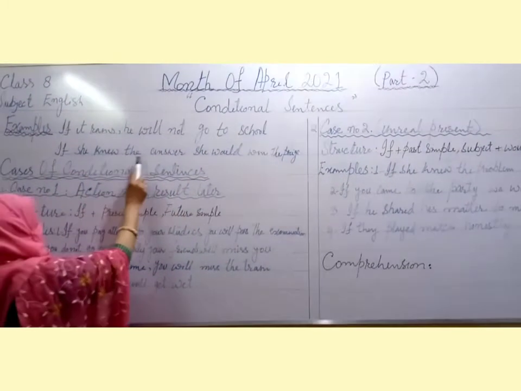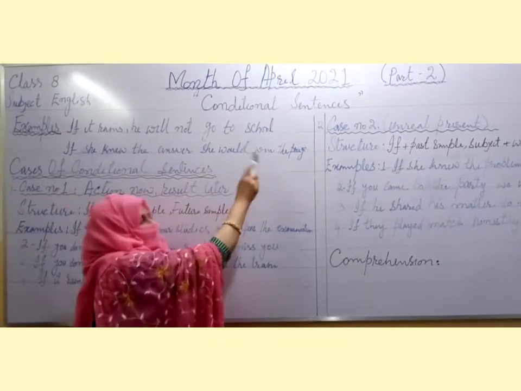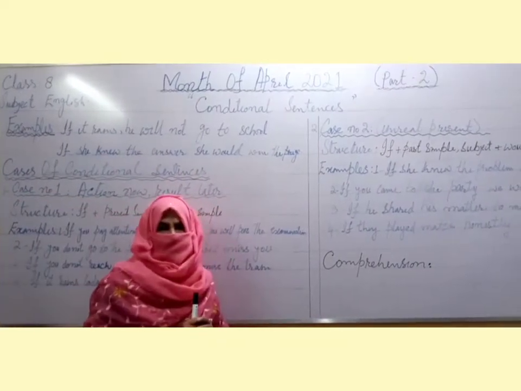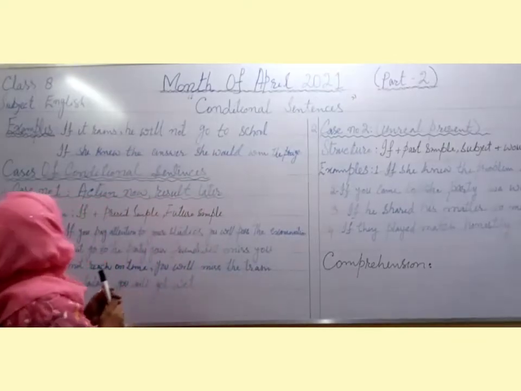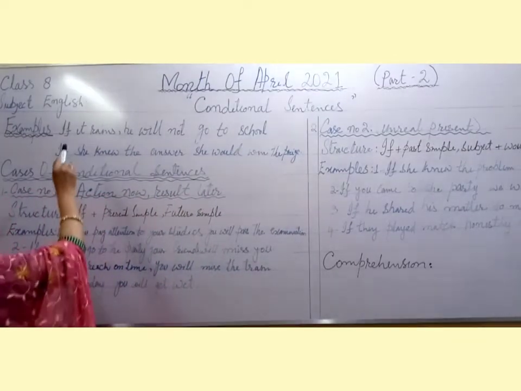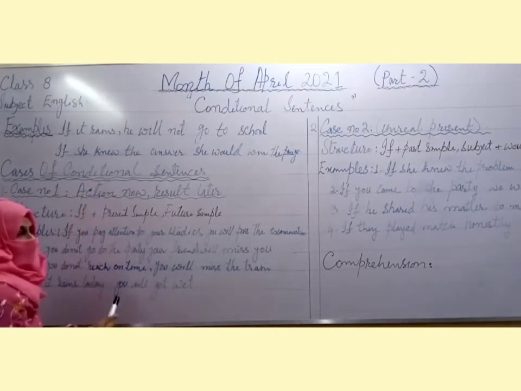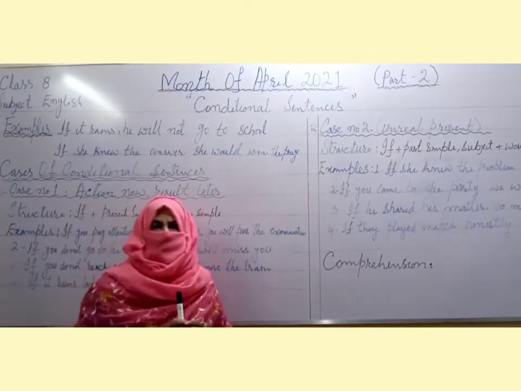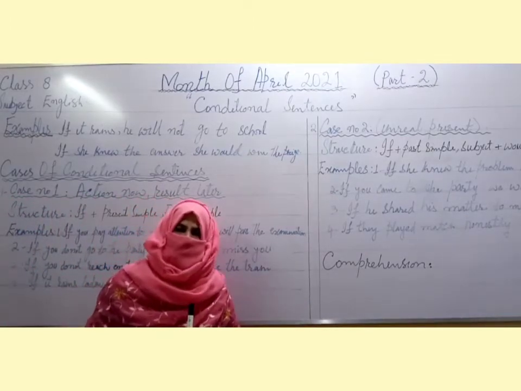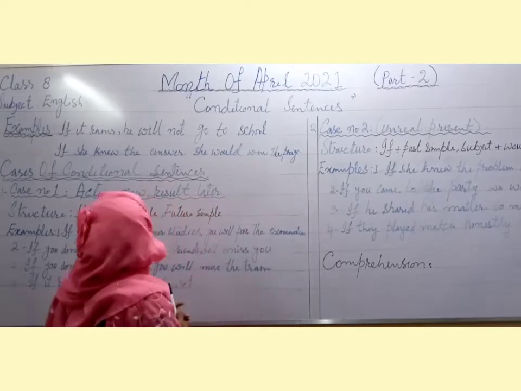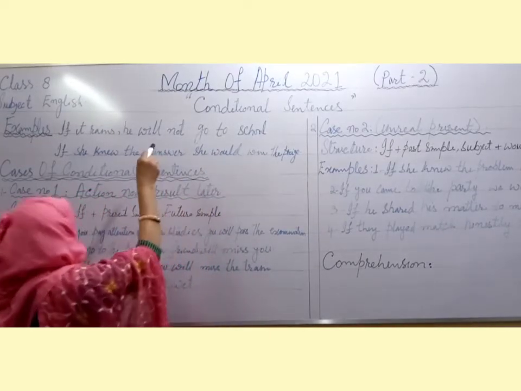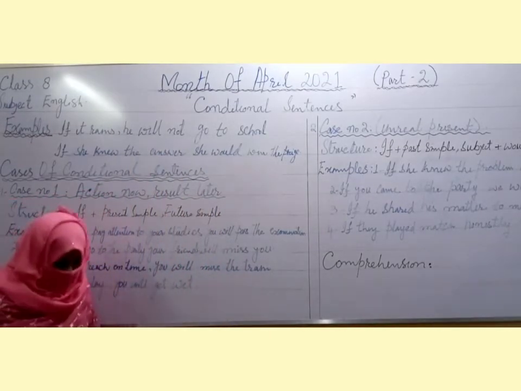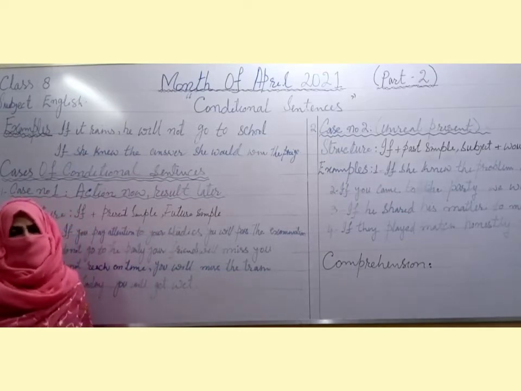If she knew the answer, she would win the prize. Did you notice, beta? In these sentences, the main clause of a sentence is conditional on the dependent clause. That's why these are called conditional sentences.